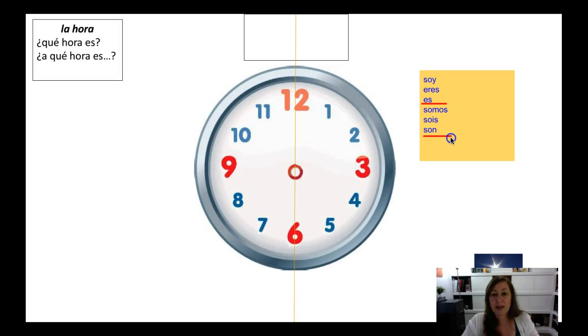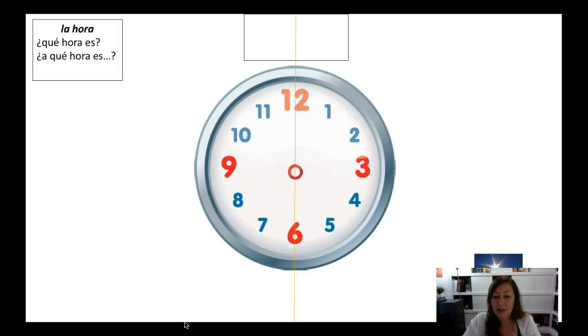Those are the only two that are relevant to telling time. I'll explain. Let's say that we're starting with 1 o'clock. It is 1 o'clock. It, right? So which form of the verb ser did you choose? Es. So you would say, es la una. It's 1 o'clock.